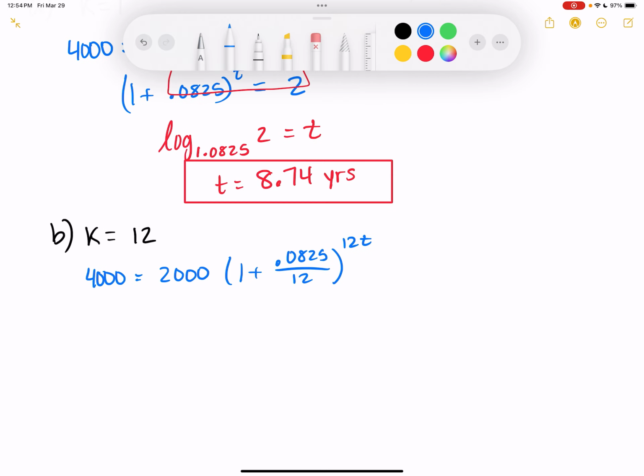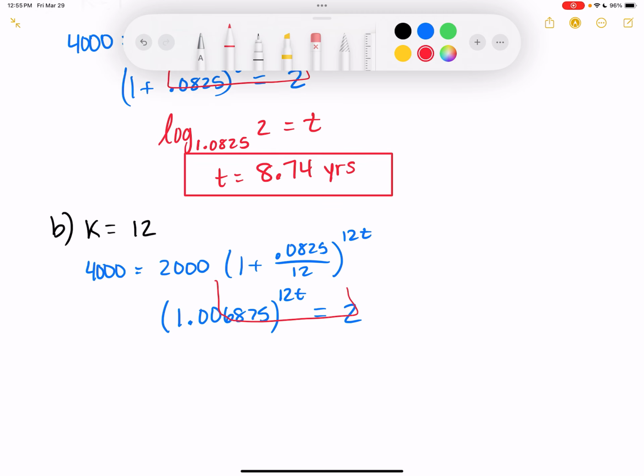You're going to want to actually figure out what this number in here is. So this is going to be in parentheses 1.006875 raised to the 12t is equal to 2.